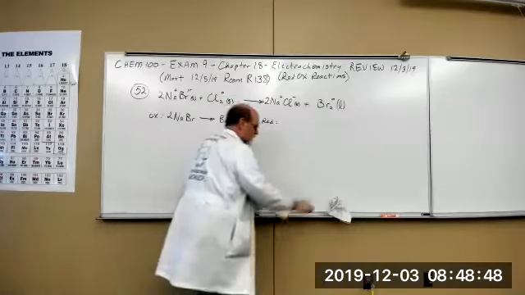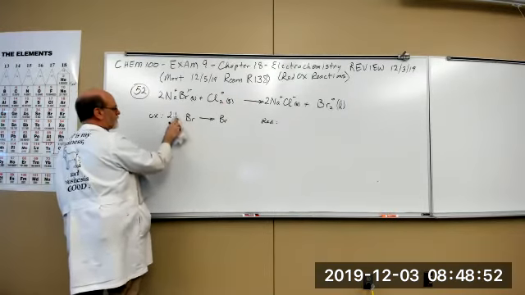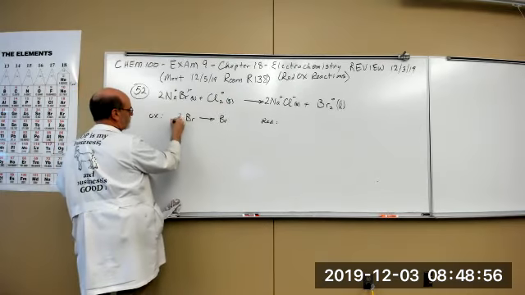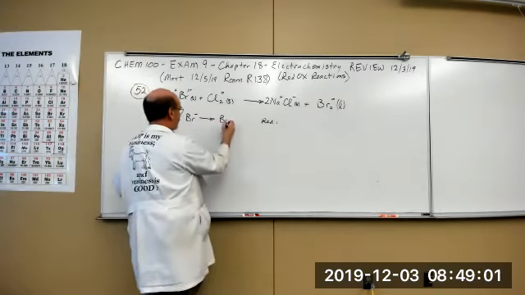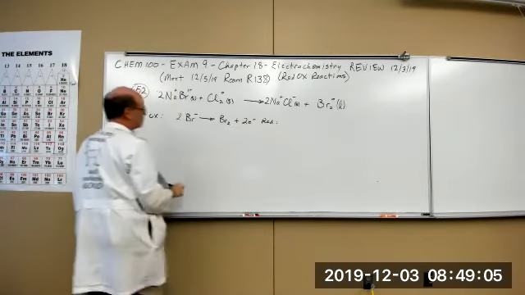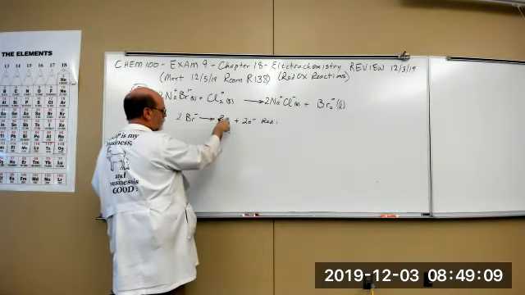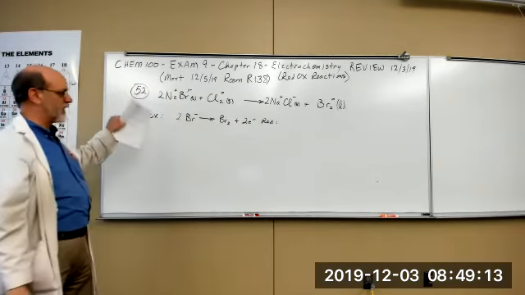Oops, that's not right, is it? Because nothing's happening to sodium. Plus 2 electrons, right? 2 negatives to 2 zeros is 2 electrons. So that's the oxidation side.